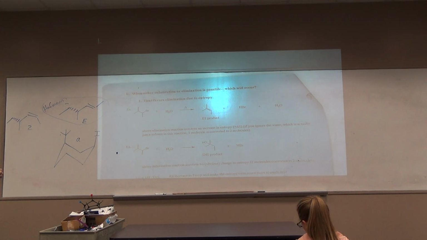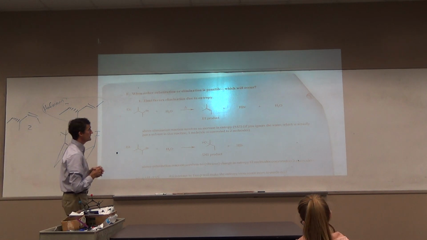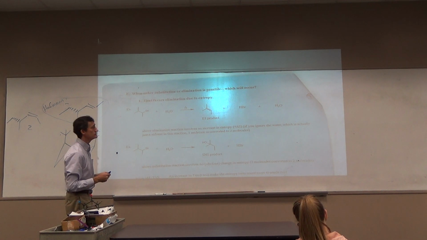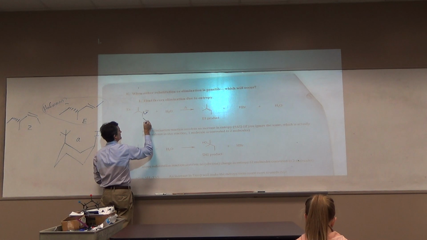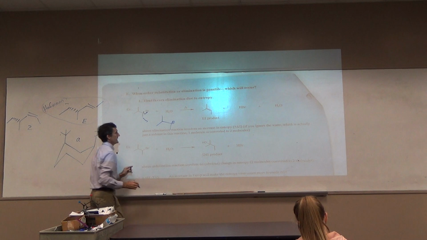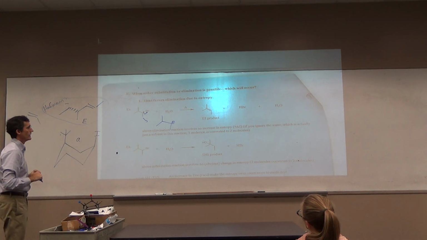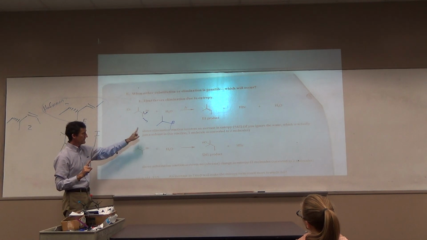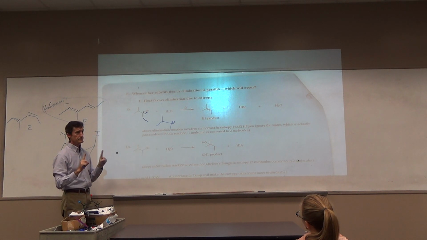There's no strong base. Water's not a strong base, so it can't do E2. E2 requires a strong base. E1, what's the first step in this mechanism here? Leaving group leaves. Just going to make a cation. Remember, that's the first step no matter if we're doing E1 or SN1. E1, SN1, same first step.